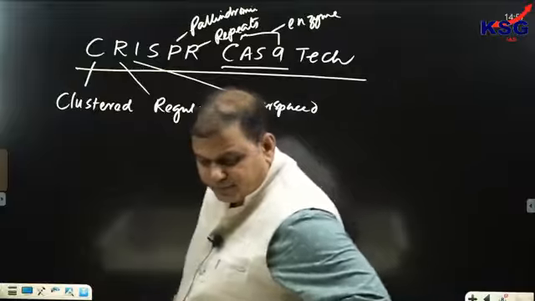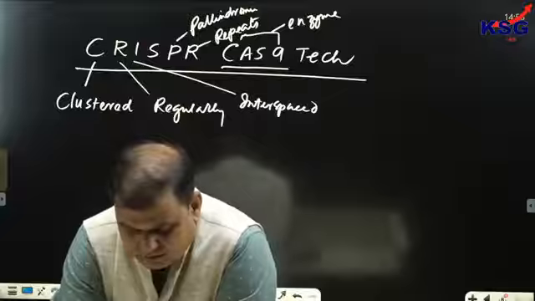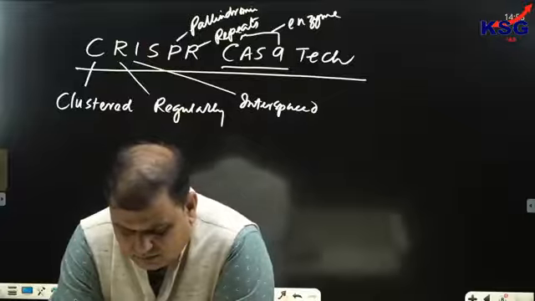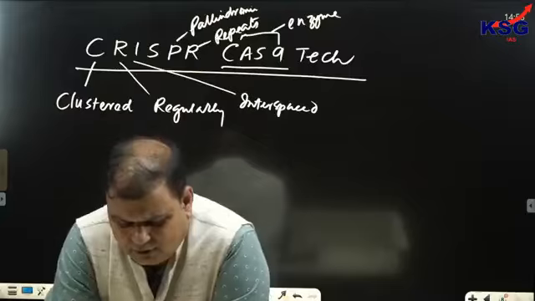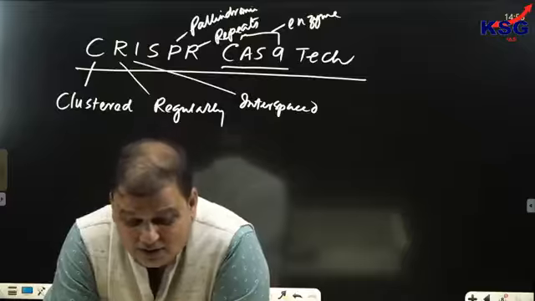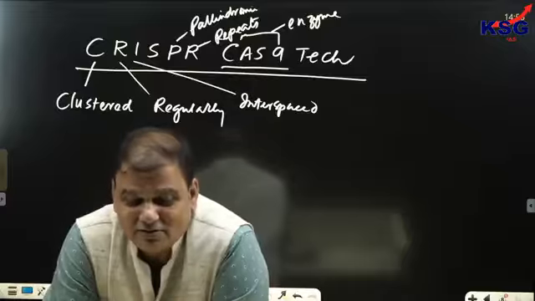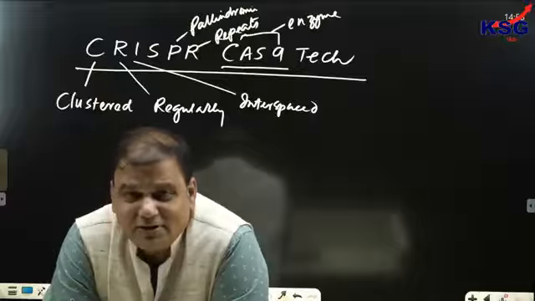It's not that all diseases would be cured by gene therapy. Only some diseases can be cured. Thalassemia, for example, cannot be cured by gene therapy.